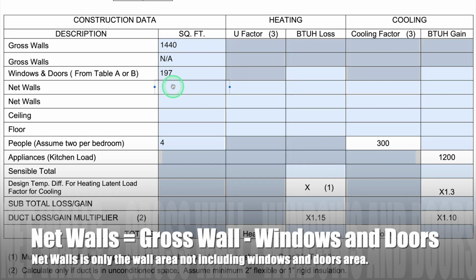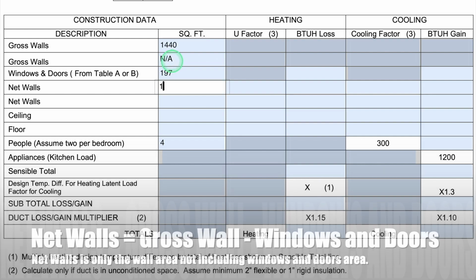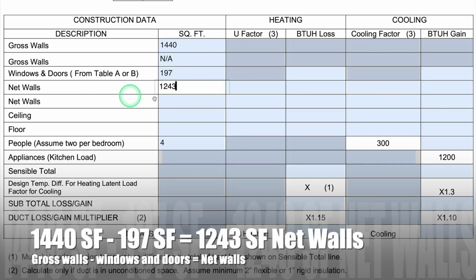So go 1440 in your calculator minus 197, you'll get 1,243 square feet. So that's our net walls. And remember, the second net walls, we're not using that.